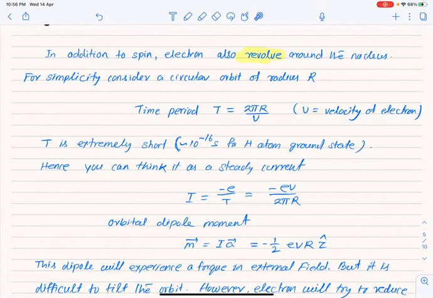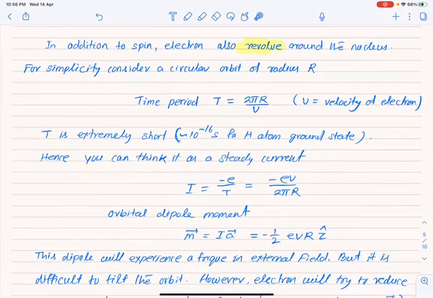Now if you are convinced with that, you can look at what the current is. The current is nothing but charge over time, and the charge is minus e, and the time period is T, which we calculated as 2 pi r by v. So if you plug those back, you have the current as ev by 2 pi r.